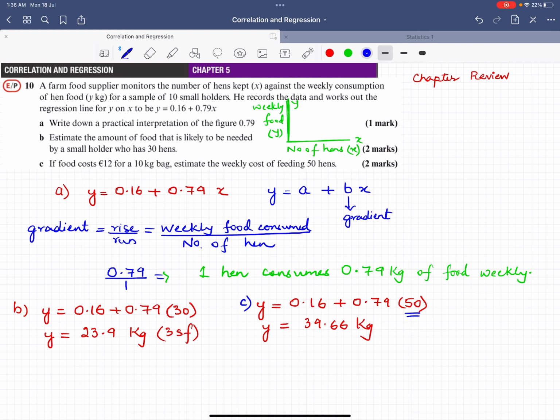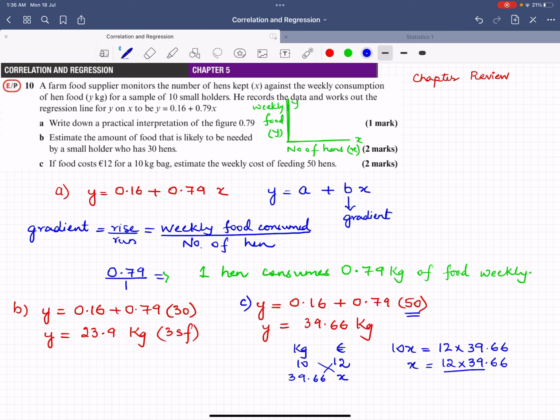So we know that a 10 kg bag costs 12 euros, so we'll find out how much a 39.66 kg bag costs. And this is a question of direct proportion, we can cross multiply. So we have 10x is equal to 12 times 39.66, therefore x is equal to 12 into 39.66 divided by 10.